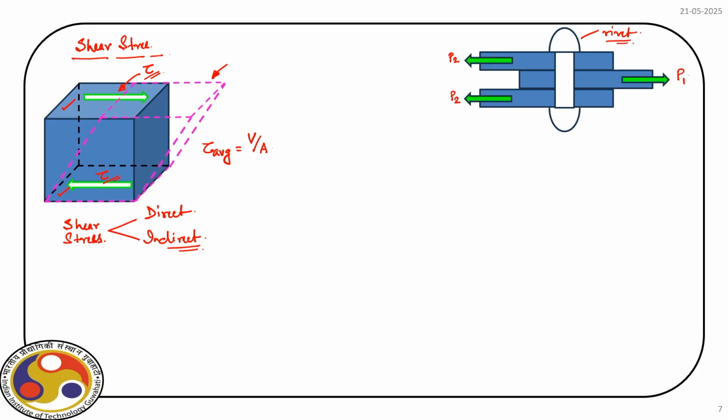Now, all these plates are connected by this rivet, and if you look at the loading configuration, we can identify the stresses acting on the rivet.